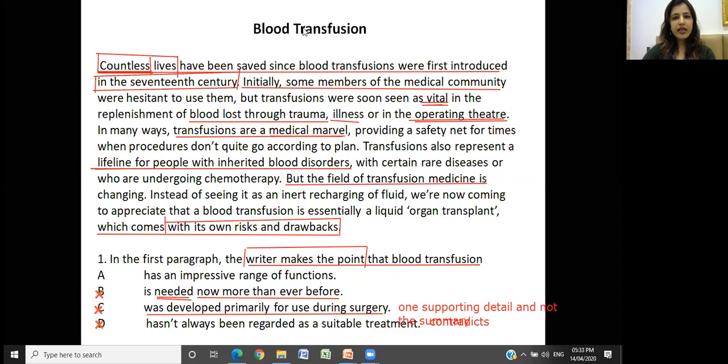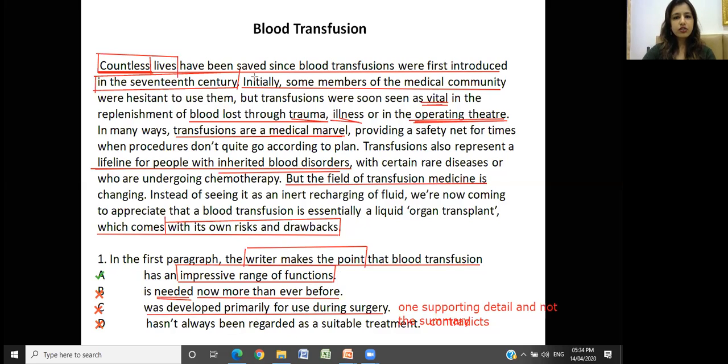And even if I go with my summary sentence, yes, that is impressive, because you can see the adjectives the writer has chosen: countless, vital, lifeline. Okay, so the writer is impressed by the range of functions, because it is mentioned that it is useful in trauma, in illness, in blood disorders, in operating theaters.